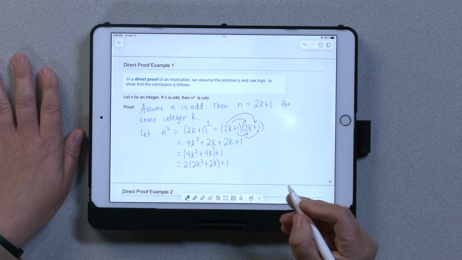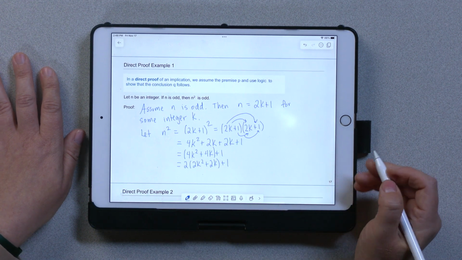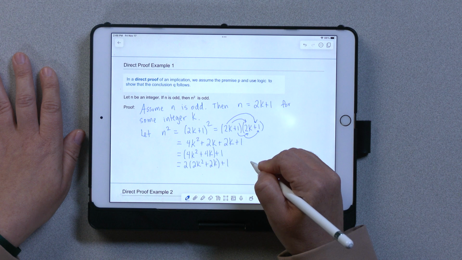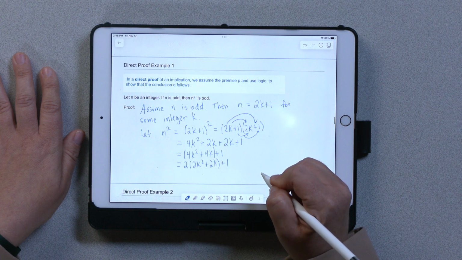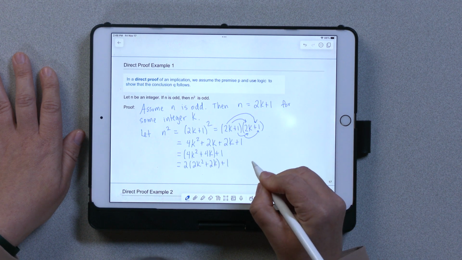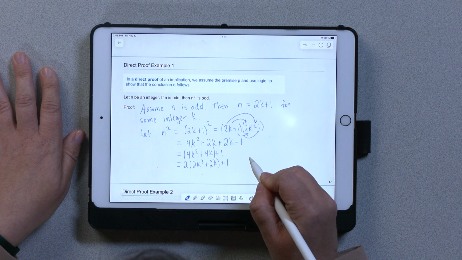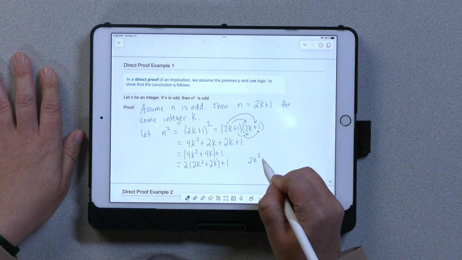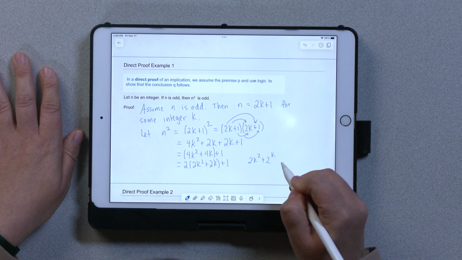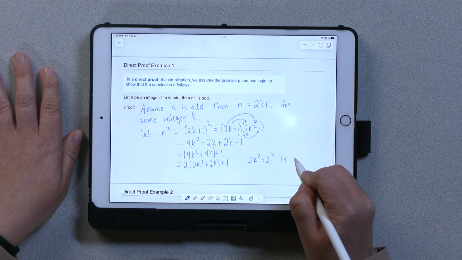Well, we know that since integers are closed under multiplication and addition, we know that 2k squared plus 2k is an integer.